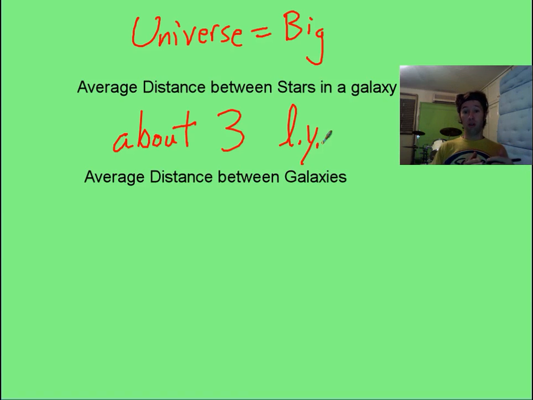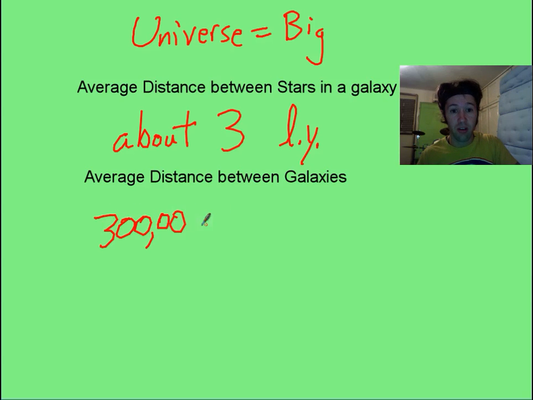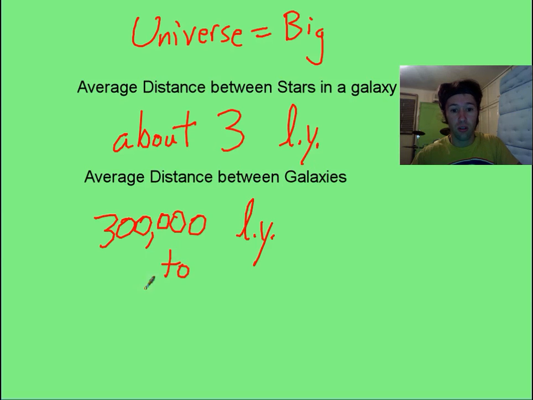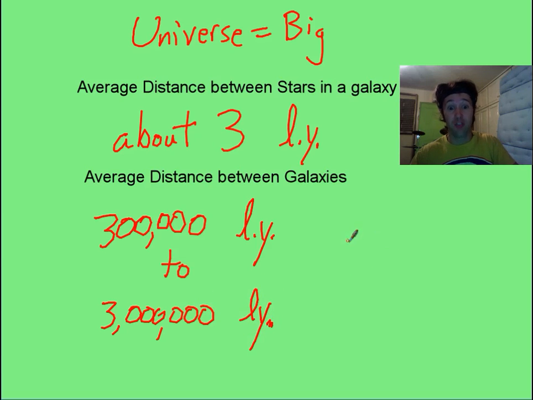But let's say you want to know how far it is to get to another galaxy outside of the Milky Way. That is going to be about anywhere from, on average, 300,000 light years to maybe 3 million light years. And that's crazy.